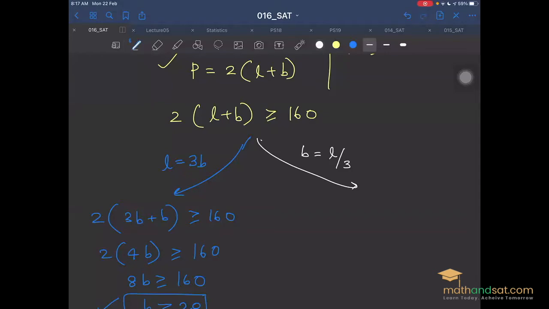So this will be 2 times L, and B is replaced as L by 3, greater than or equal to 160.